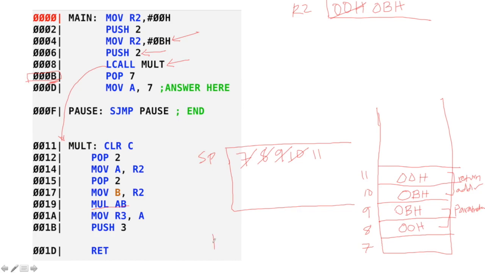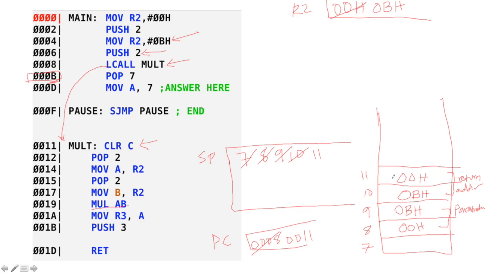So essentially the way that is done is the program counter would have been at 008, the program counter changes to 0011. So we are now at this instruction. We clear the carry bit, then pop into register 2.